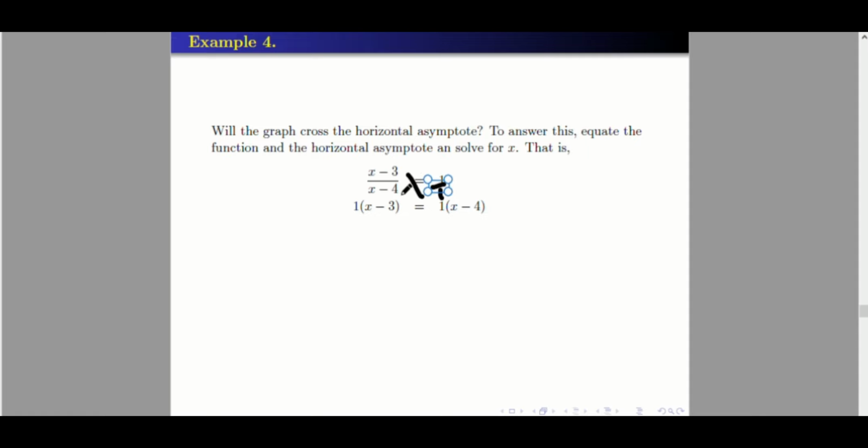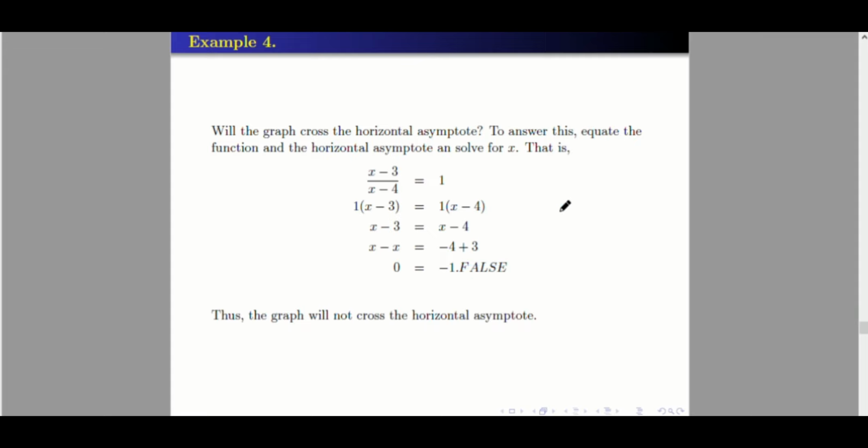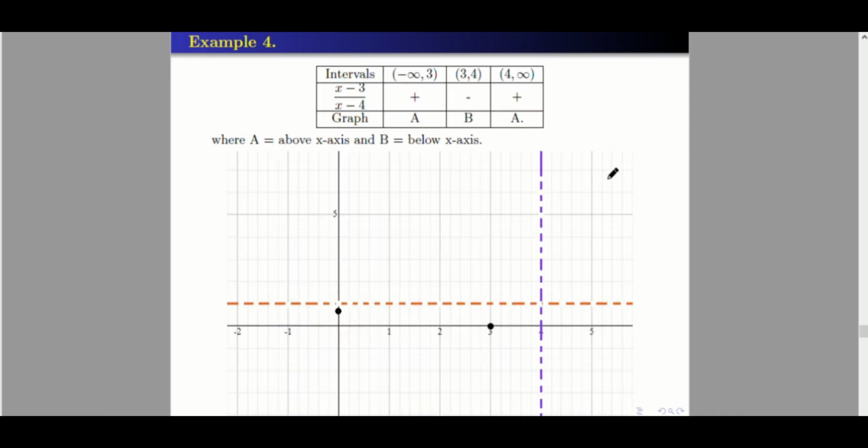So cross multiply. x minus x is 0, negative 4 plus 3 is negative 1. Again, this is false. So since this is false, the graph will not cross the horizontal asymptote.